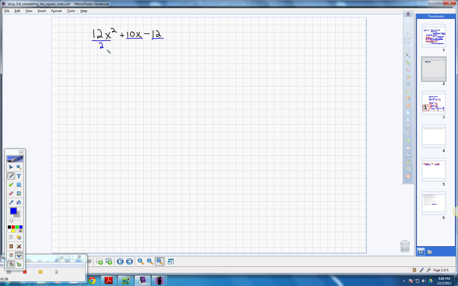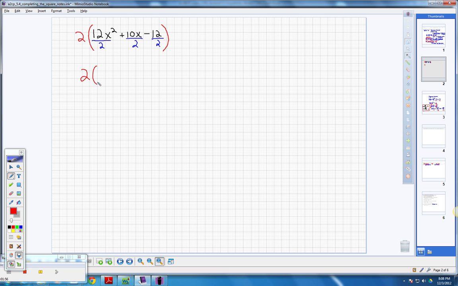is 2. So again, I want to divide all of this by 2, and I have to counteract the fact that I'm just dividing by 2 because I don't want to change the value of that expression. That entire expression, I don't want to change the value by dividing everything by 2, so I have to counteract that by multiplying that entire expression by 2. That's just called factoring out a 2.